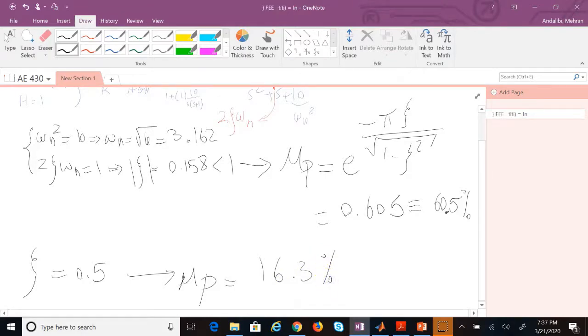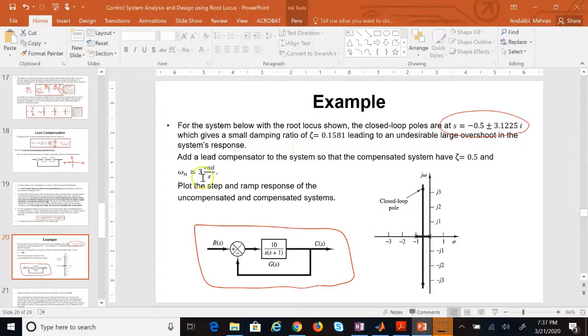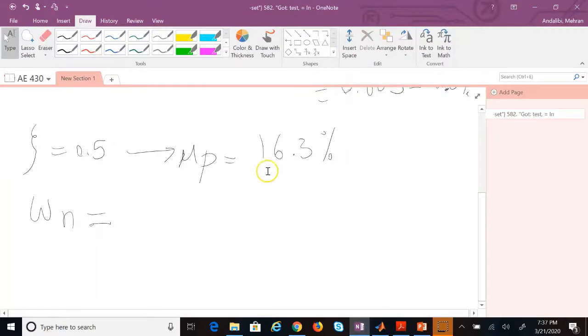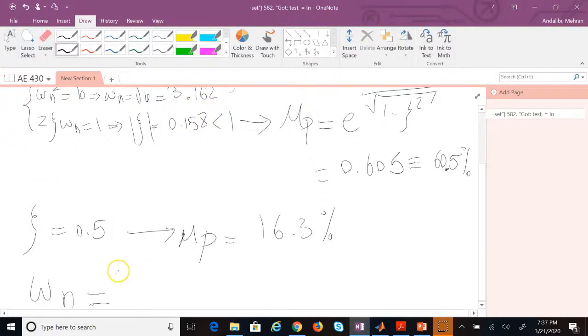So I want to go from 60% to 16% overshoot, and at the same time I want my omega n not to be changed significantly. If you go back and look at the example, it says keep omega n at 3, right? So my omega n was how much? 3.16. It says do not change it significantly. Do you know why?